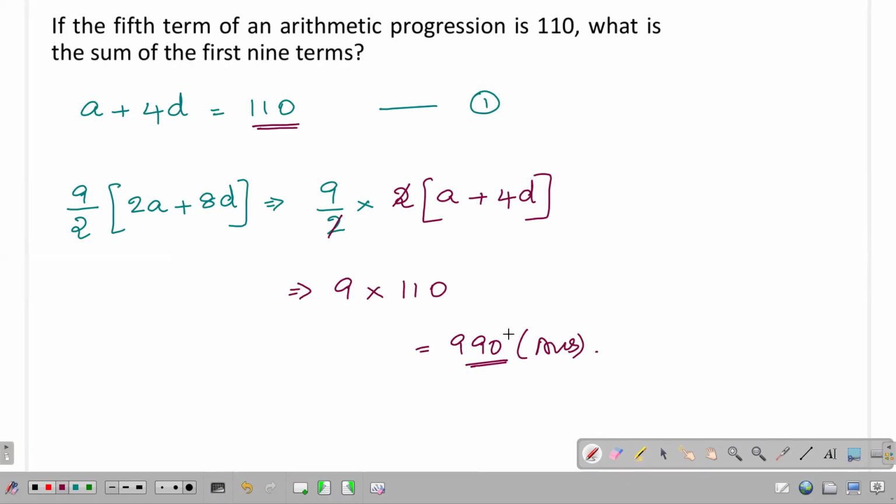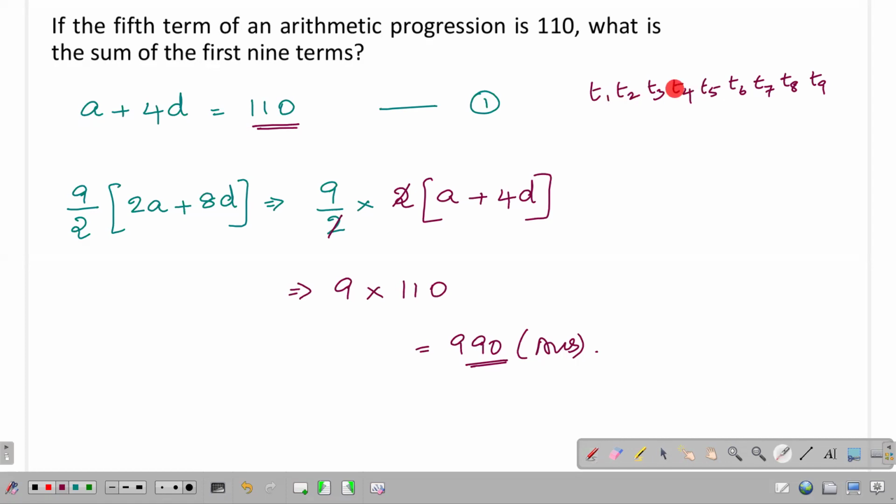Now there is another interesting observation which we can make. Suppose there are 9 terms. I am considering T1, T2, T3, T4, T5, T6, T7, T8, T9. Please listen carefully, there is a small theory which I am trying to tell you.